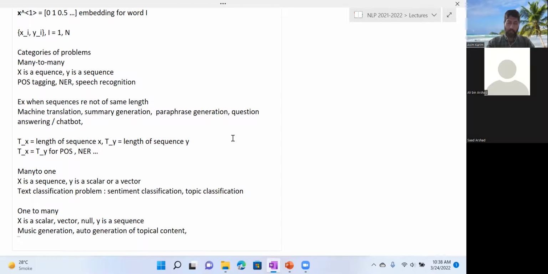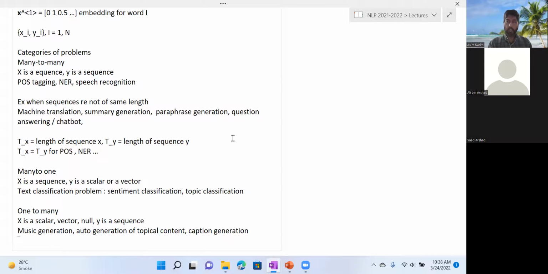Other examples that are closer to NLP are, for example, caption generation. So you have an image, which is some X, a 1D vector or 2D vector, an image. And for that image, you want to generate a caption. What is a caption?